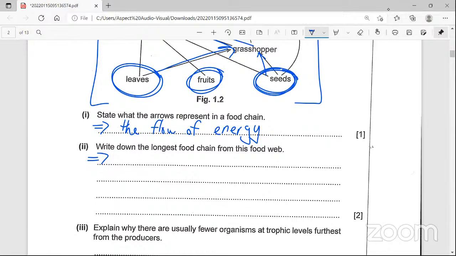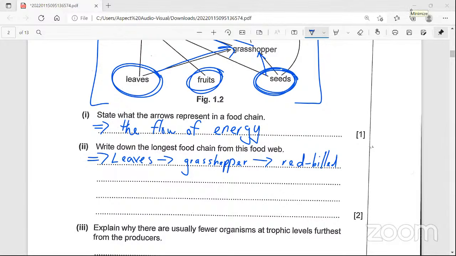So you take your leaves to your grasshopper. Don't forget to show your arrow. Grasshopper. Then where to? The red-billed hornbill. And then what else? Monkey, right?